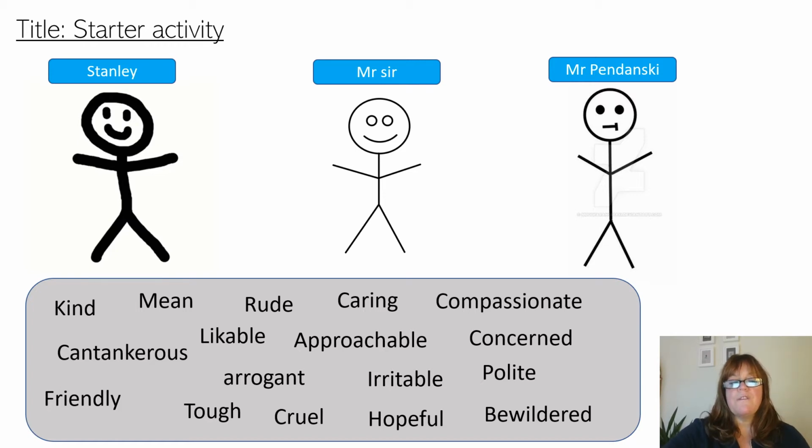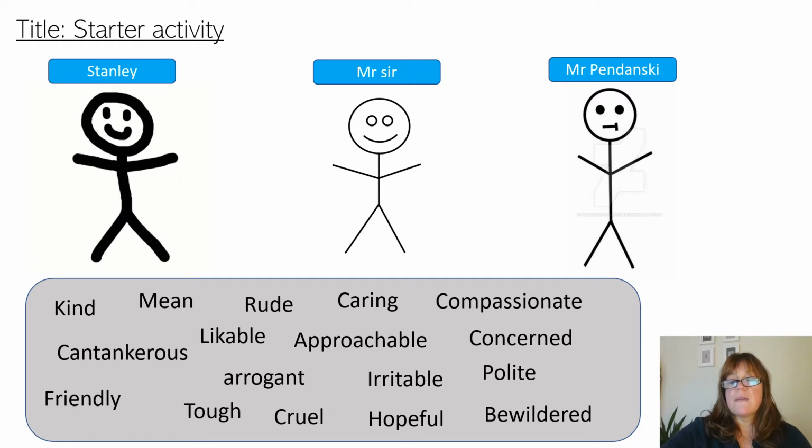Then when you've finished that, look at all the adjectives below and try to match them with the characters. For example, if you choose the word friendly, you might think that Stanley's friendly, and you might also think that Mr. Pendanski is friendly, so it can go on 2 characters.